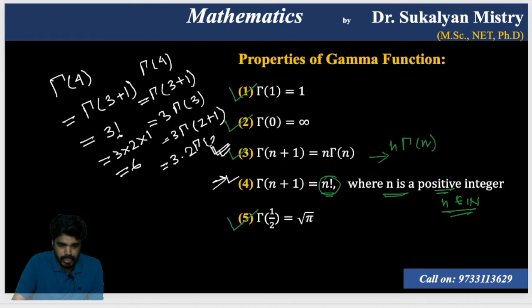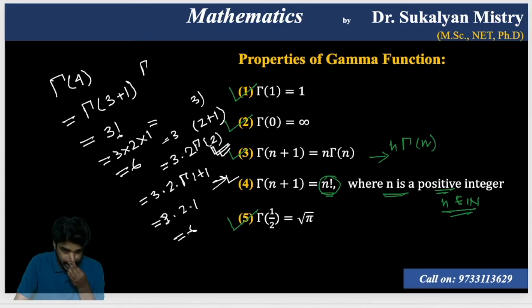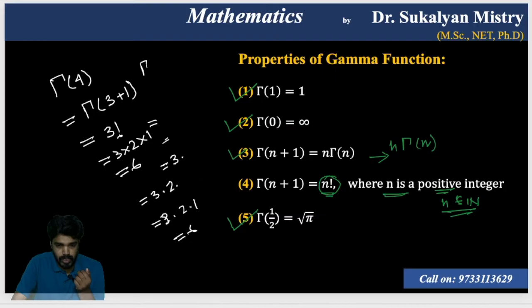So that is 3 into 2 into gamma(2), and similarly gamma(2) is gamma(1 plus 1). So that is 3 into 2 into 1, that is 6. When n is an integer, we apply this formula.